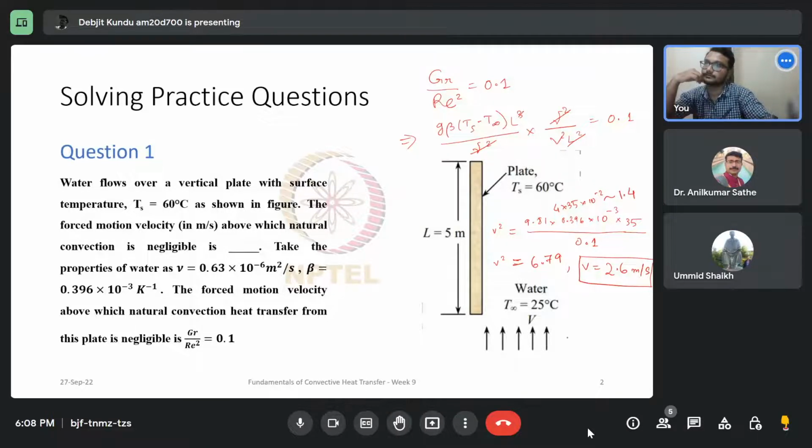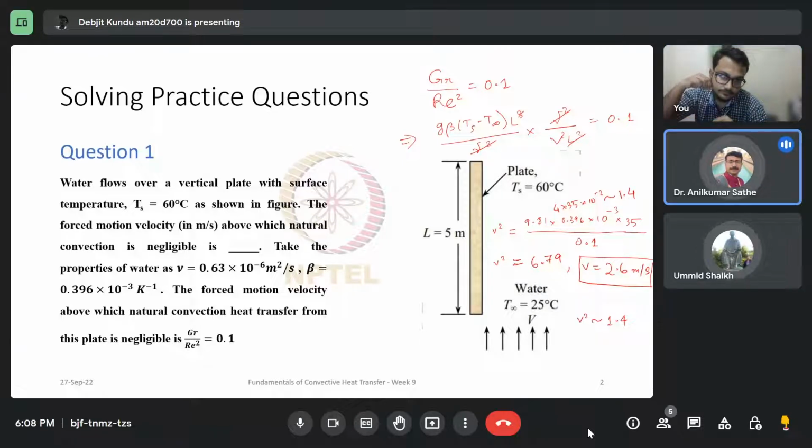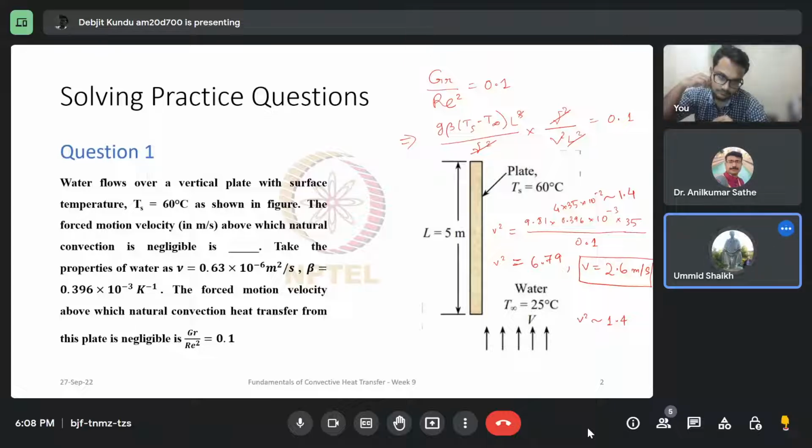V square is 1.35 and velocity is 1.16, I am getting.